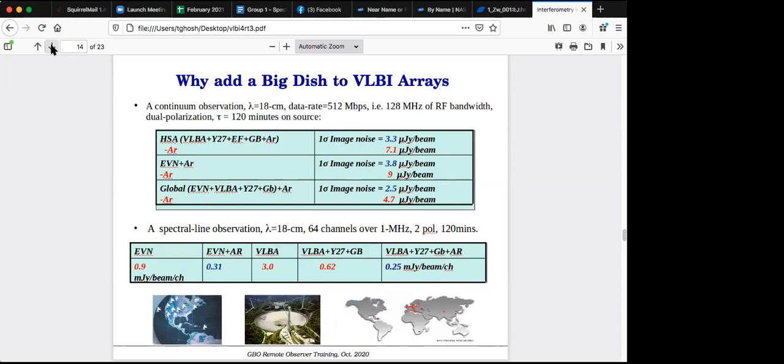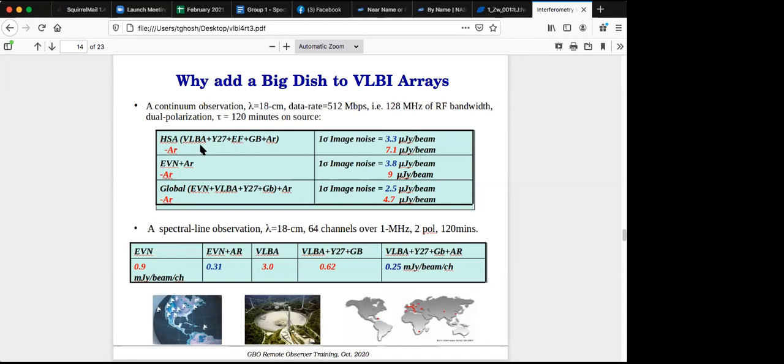So why add a big dish? This slide is actually showing my RSU bias a bit, but RSU is no more. So sadly this slide right now just serves a demonstration purpose. I haven't updated this yet, but this was just showing the effect of a big dish for a VLBI array.